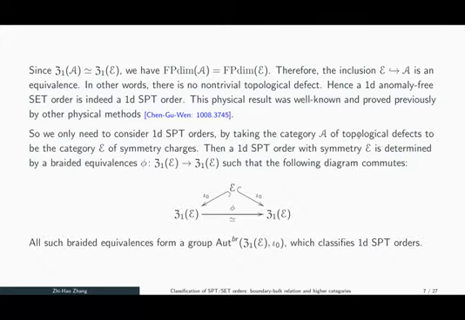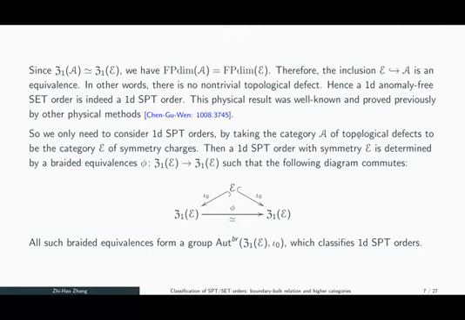So we only need to consider 1D SPT orders, taking the category A to be the category E of symmetry charges. Then the 1D SPT orders with symmetry E are determined by the Morita equivalence phi on the Drinfeld center of E, and the following diagram must commute.